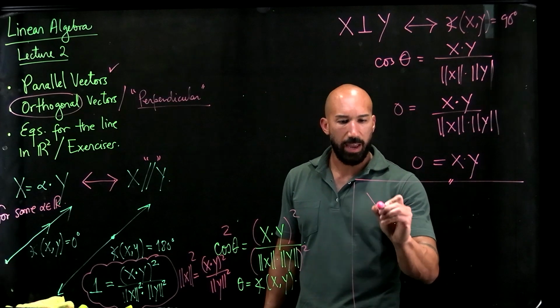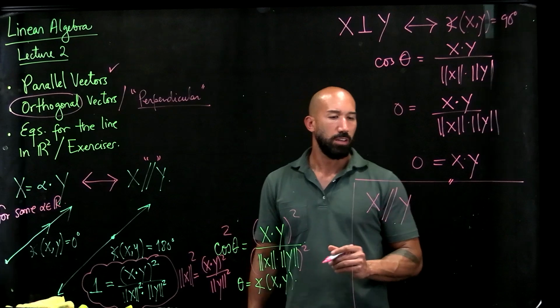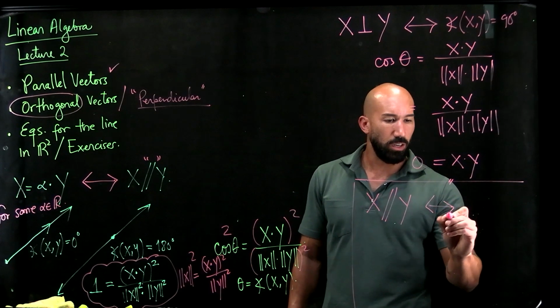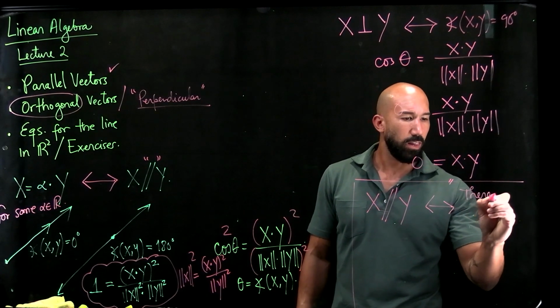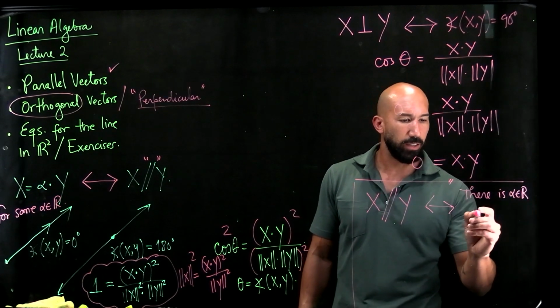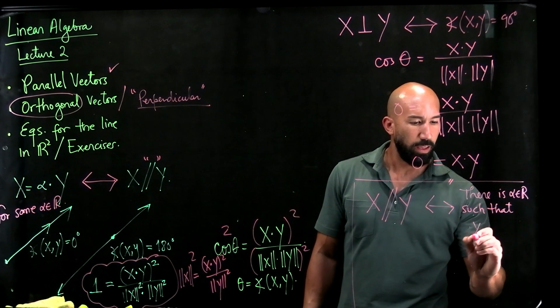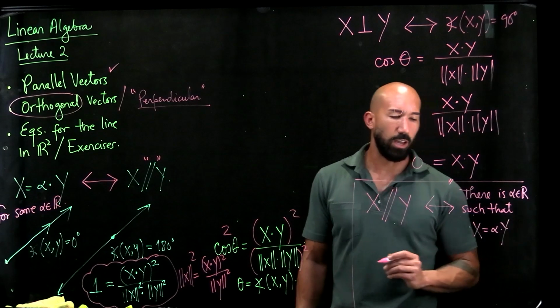So the vector x is parallel to the vector y if and only if there is a real scalar alpha such that x is equal to alpha times y.